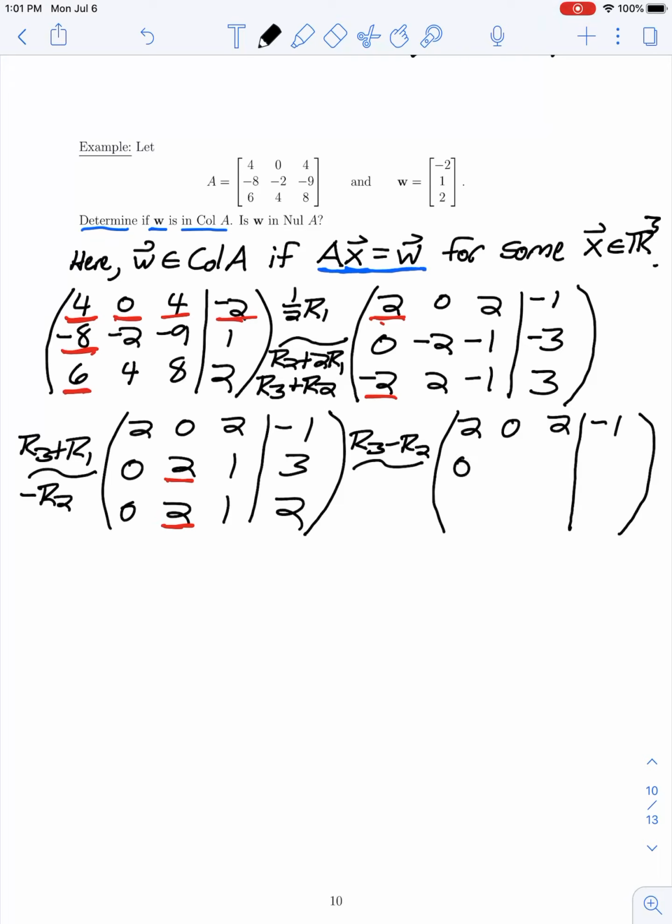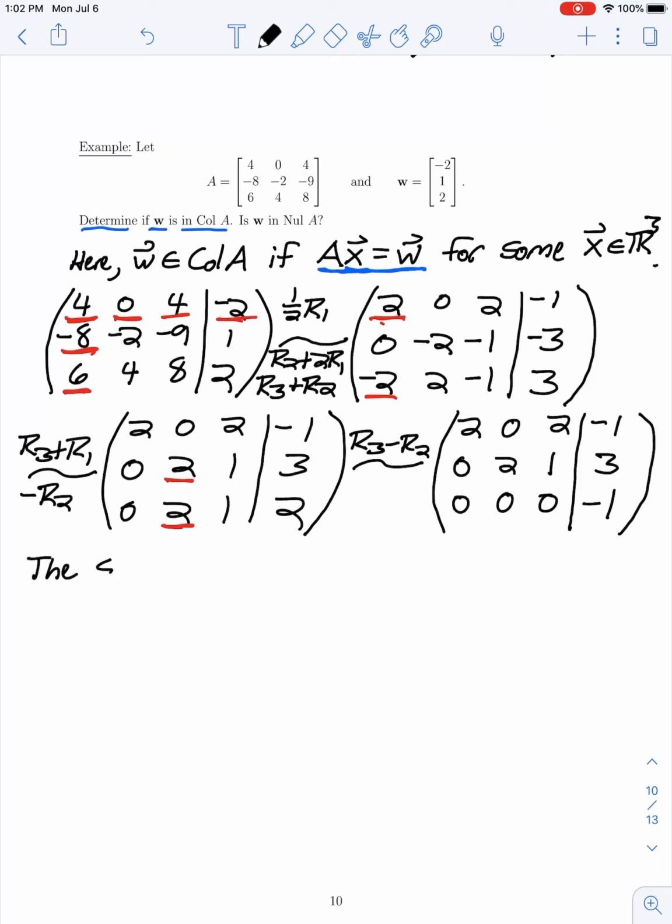My second row I'm leaving alone as 0, 2, 1, 3. And my third row becomes 0, 0, 0, negative 1. So we see here from our third row, we have an inconsistent system. It's impossible for 0 to equal negative 1.